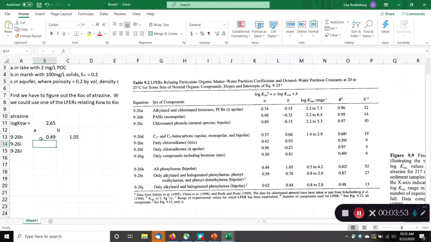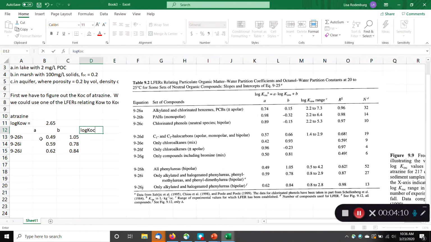For the second equation, it's 0.59, and the intercept is 0.78. And for the third equation, it's 0.62 and 0.84. Okay, so those are our slopes and intercepts.